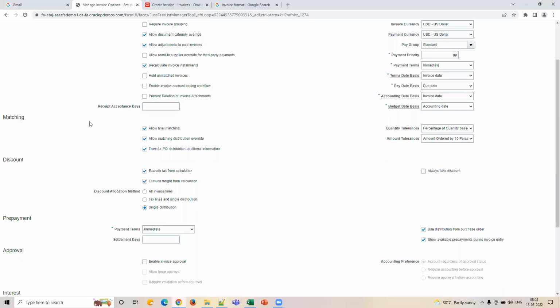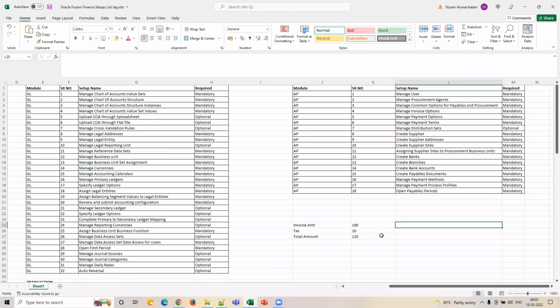So this option, what it says is for discount calculation, don't include your tax in the calculation. Don't include your freight in the calculation. What does it mean? When you are calculating your discount, don't calculate from this amount, calculate from this amount.